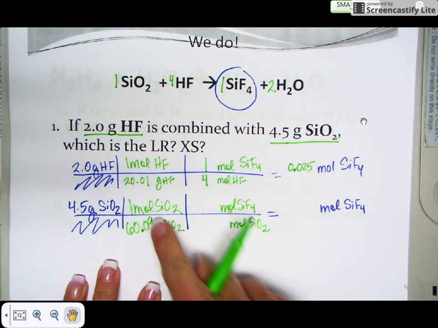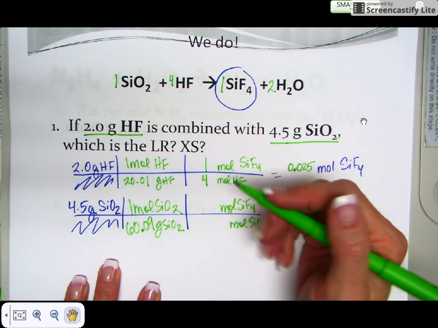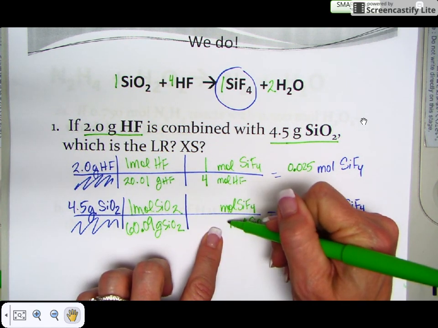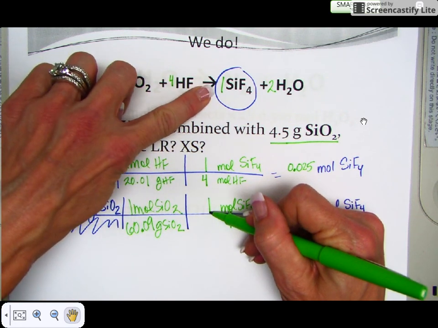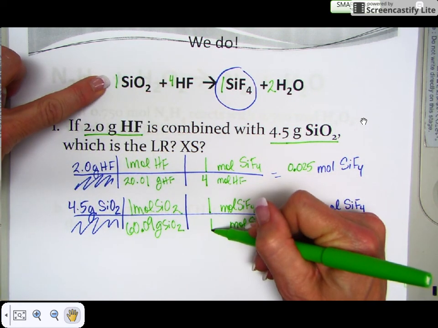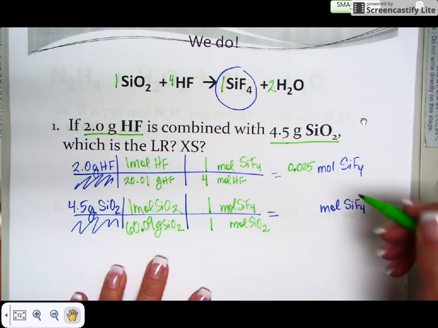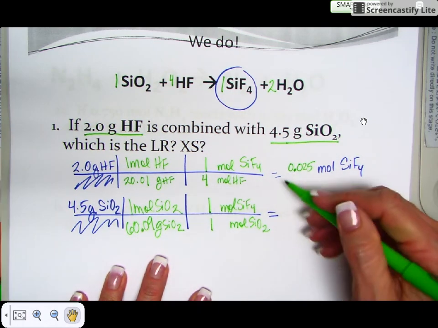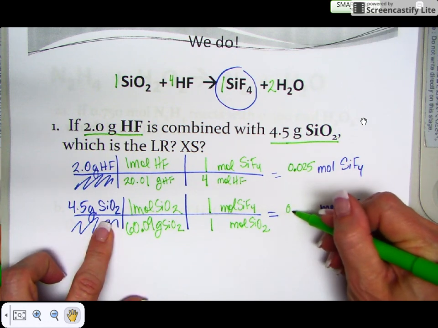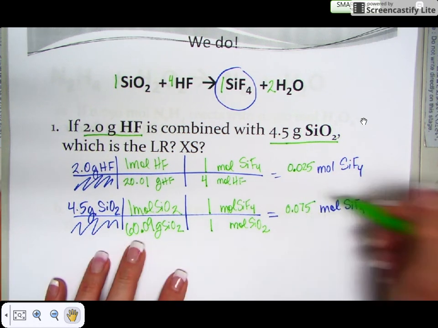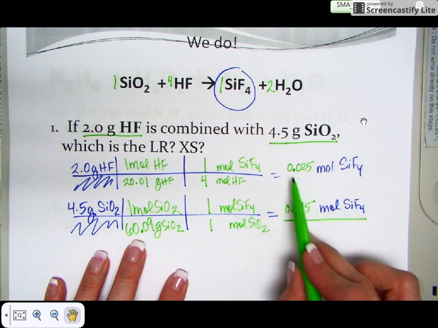If you want to calculate the molar mass on your own, just to make sure you understand how to do that. The mole bridge numbers come from the balanced equation. It is a 1-to-1 ratio. So when you plug this into your calculator, you've converted to moles of silicon tetrafluoride. You find that we can make 0.075 moles of the silicon tetrafluoride.